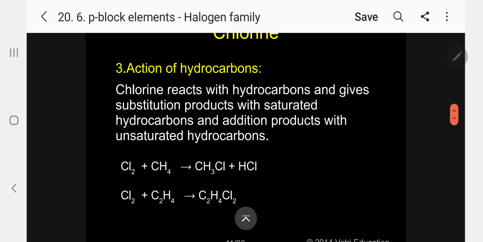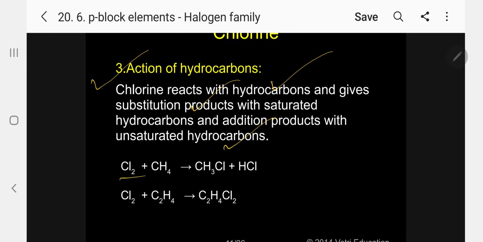Action of hydrocarbons. Hydrocarbons come under organic chemistry and include alkanes, alkenes, and alkynes. Chlorine reacts with hydrocarbons and gives substitution products with saturated hydrocarbons and addition products with unsaturated hydrocarbons.